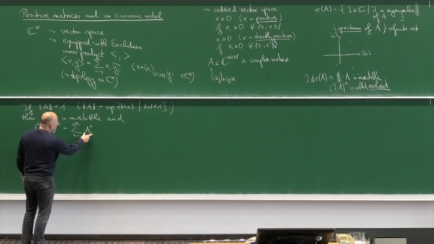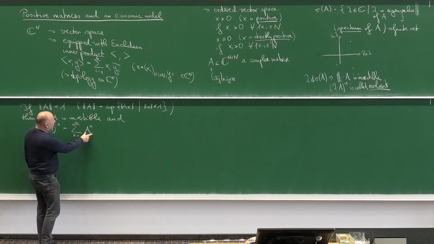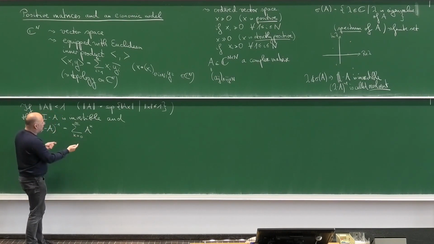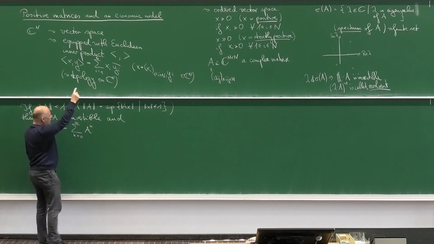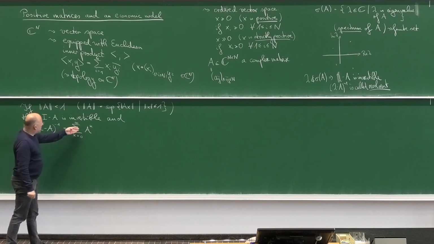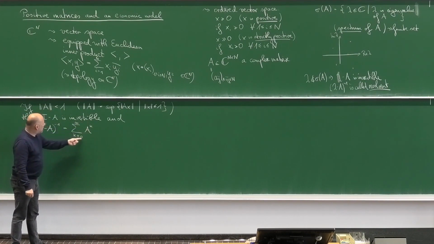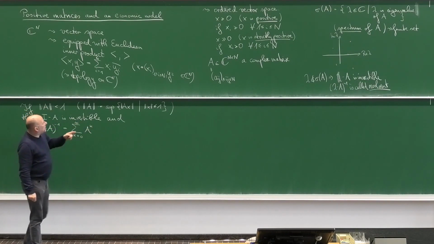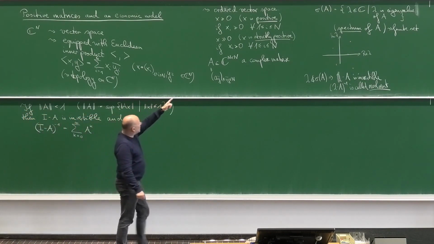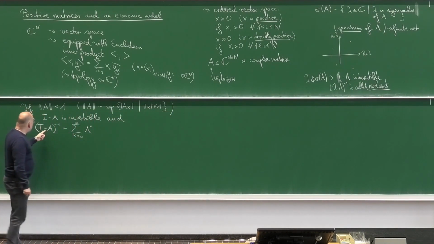The norm of this power is estimated from above by the norm of A to the power k, and since this is less than 1, the series converges absolutely in the space of matrices in C^(n×n), and it gives us the inverse.